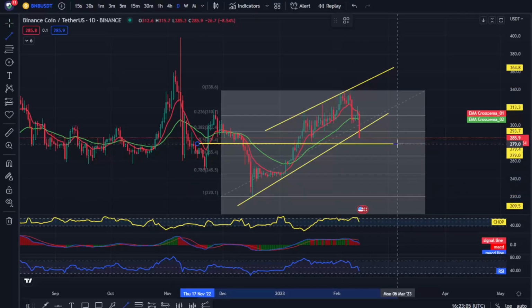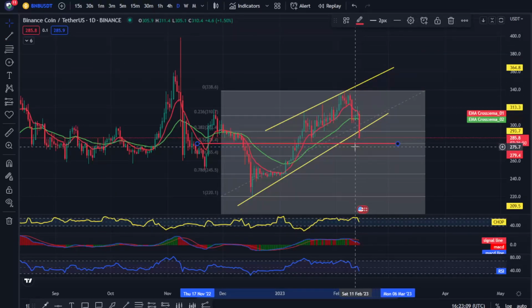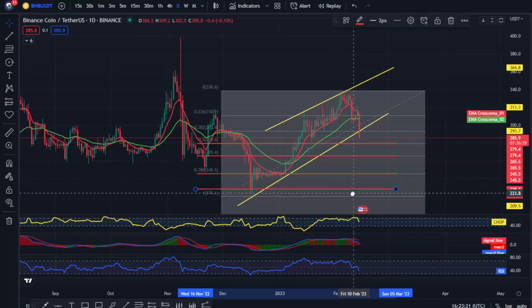Let's start by marking the support places for the price, and we see that the first support is at $279, but if the price goes lower, we have another support at $266, then at $246 and another support at $220.